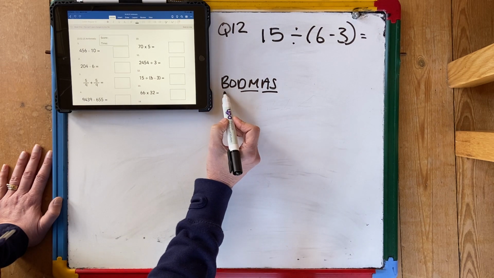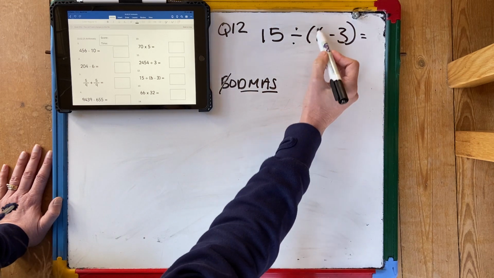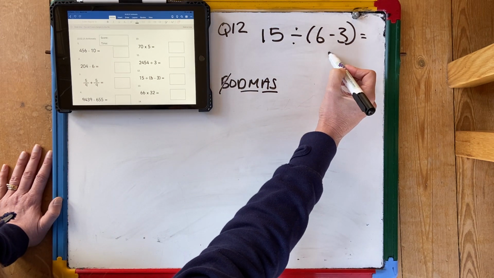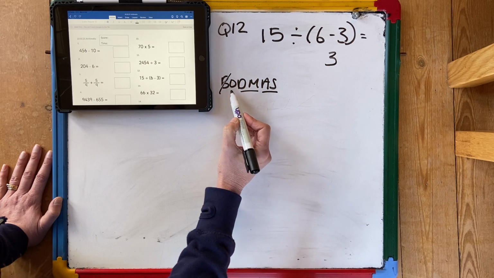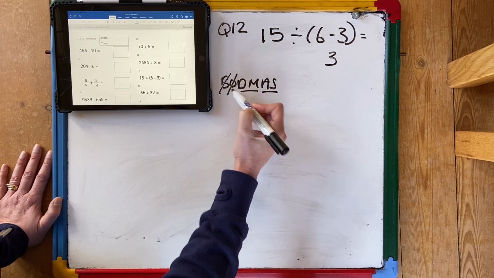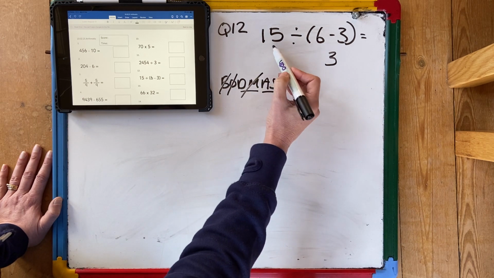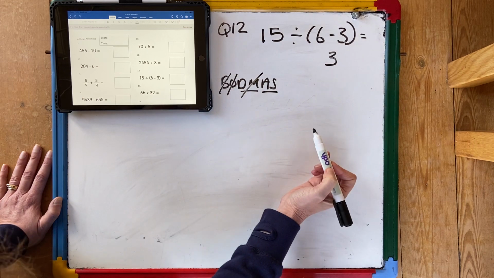So this is the order of operations. So first of all, we need to do the brackets. So 6 subtract 3 is 3. There's no orders, there's no cube numbers or squared numbers. Is there division or multiplication? Yes, there is. So now 15 divided by 3, and there's your answer.